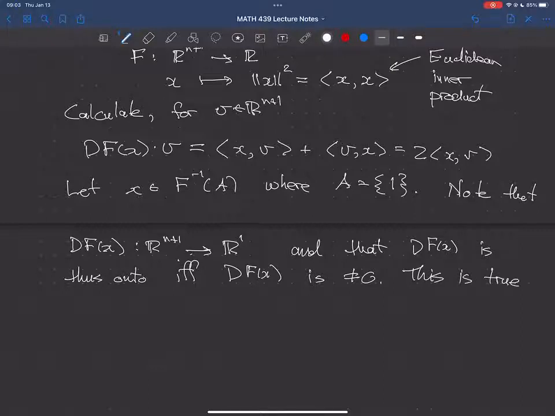All right, so let me ask you another question. If this is your linear map, so your linear map is the map which sends v into that, when will this linear map be non-zero?